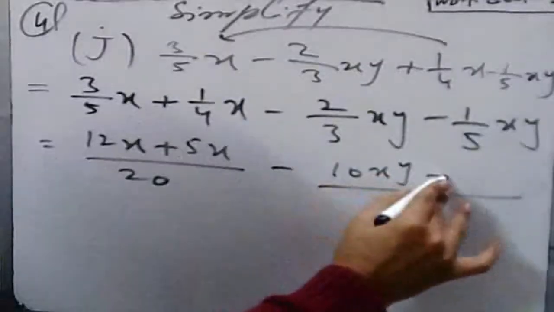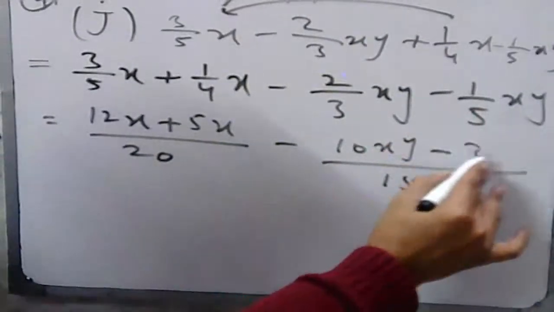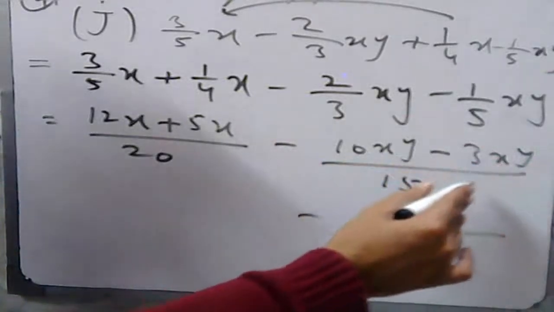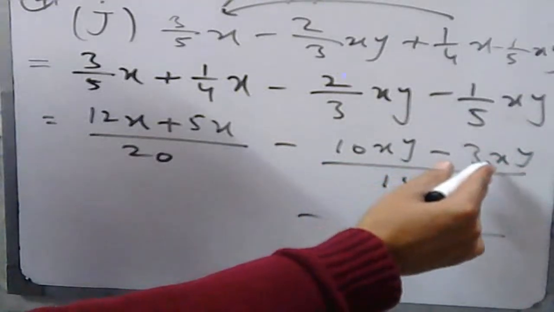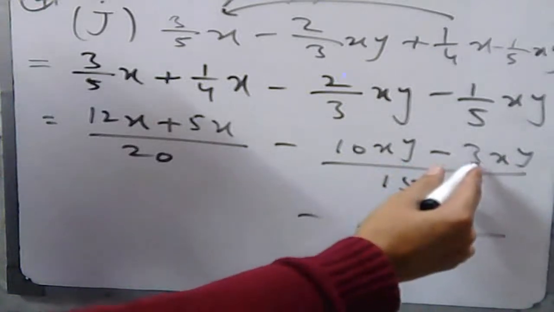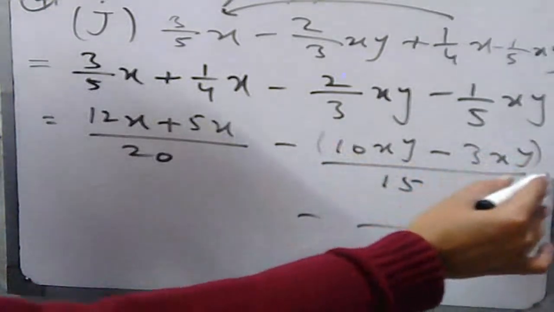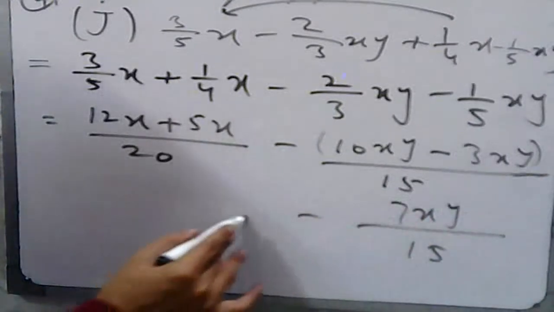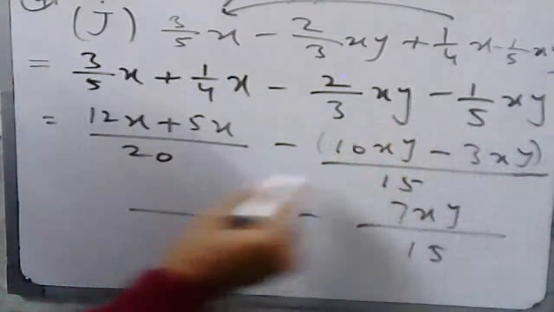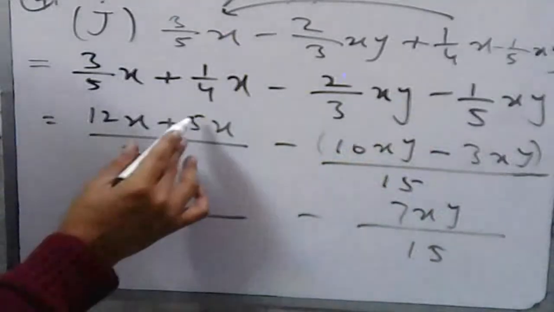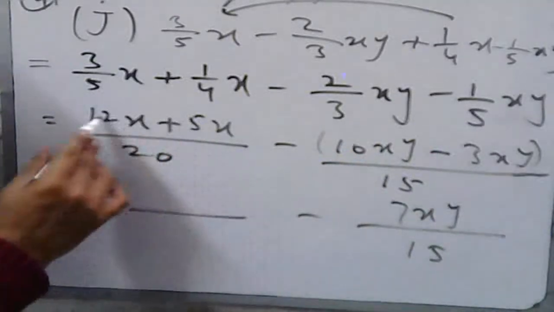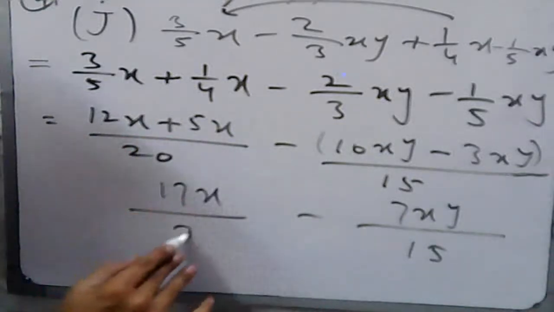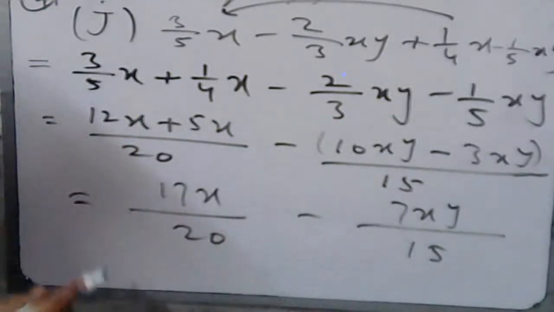Similarly 5 threes are 15, 5 twos are 10xy, and 3xy. So 10xy minus 3xy, you will get 7xy. And 12 plus 5 is 17x by 20.